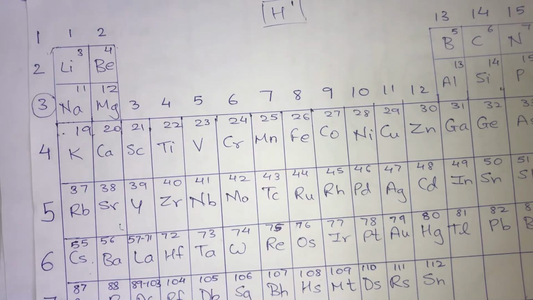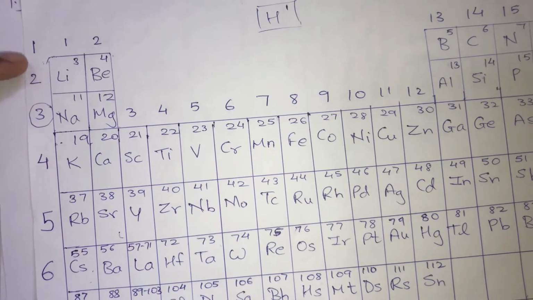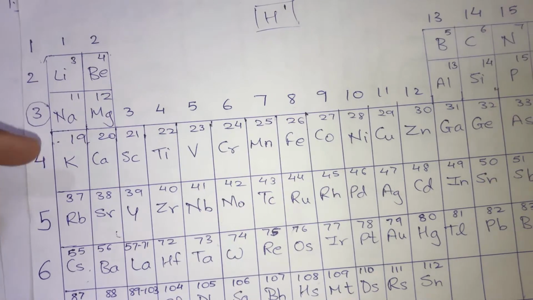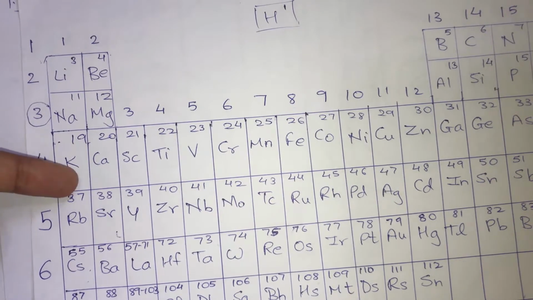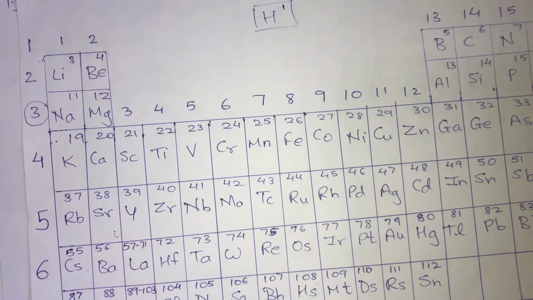One energy level is getting added. Similarly, as I move from sodium to potassium, again one more energy level is getting added. And again, if I move from potassium to rubidium, then again there is one more energy level added.